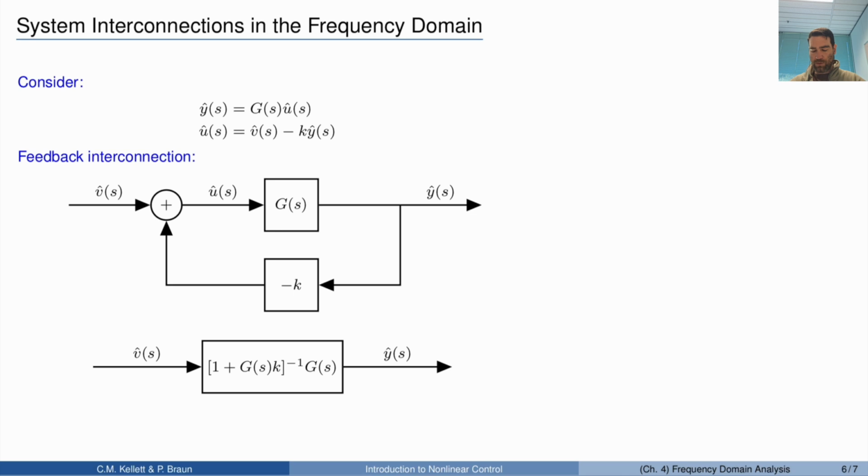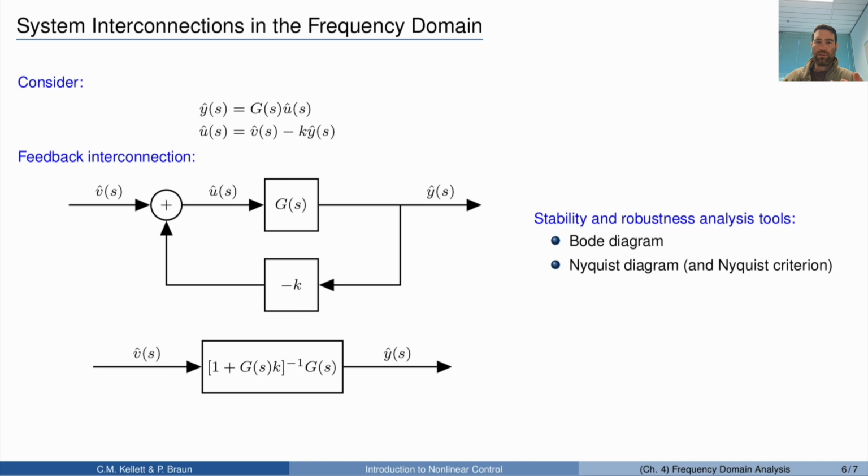The question, for example, could be how to select K such that we have asymptotic stability, or in the context of frequency domain analysis, bounded input, bounded output properties.